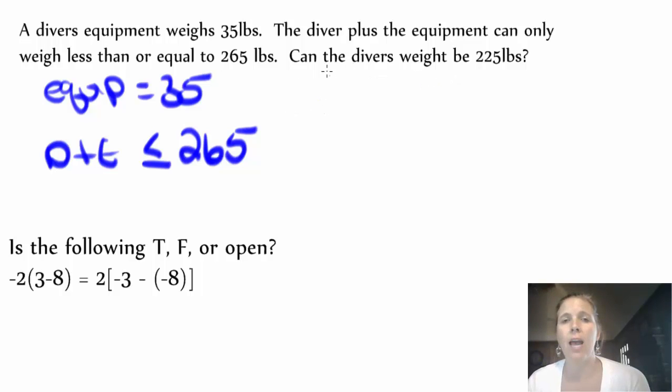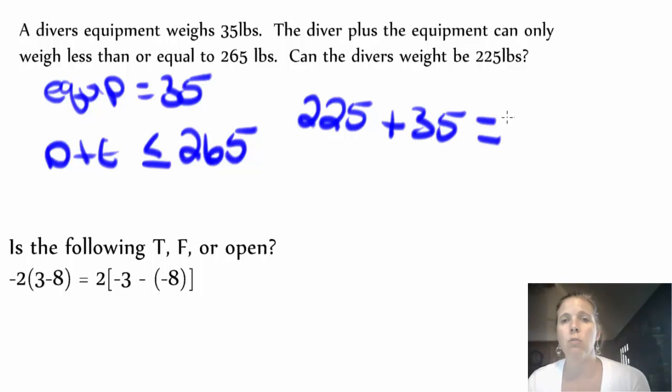So if we have 225 pounds and we add 35 pounds to it, is that going to be less than or equal to 265? We haven't really gotten to inequality, so you can put an equal sign there if you want.